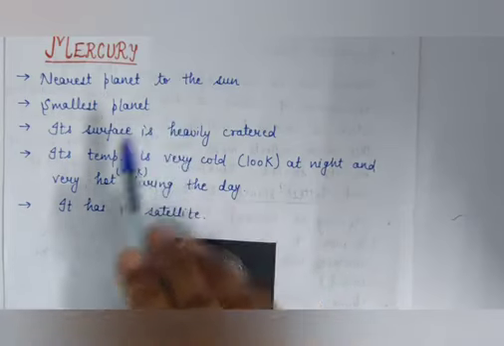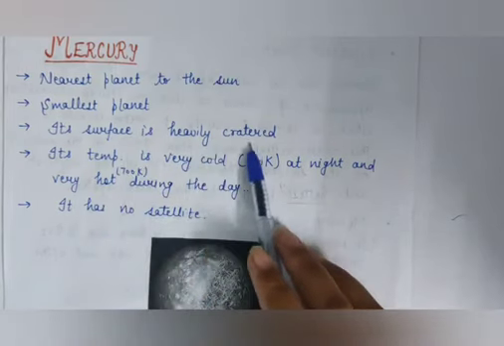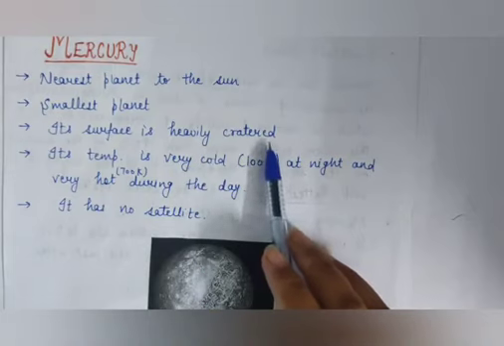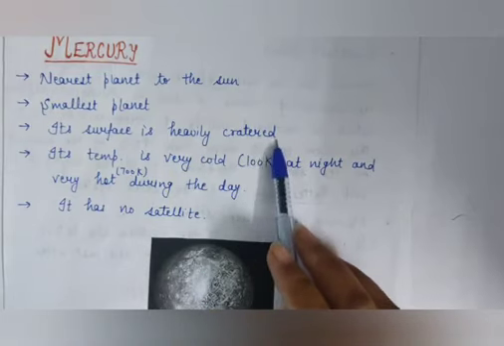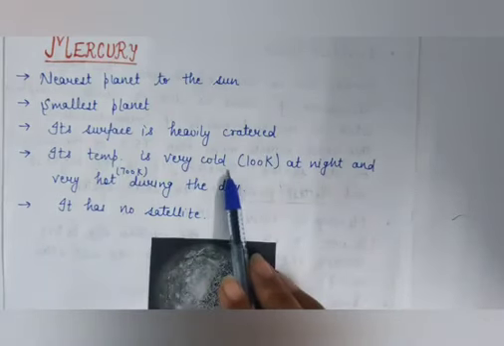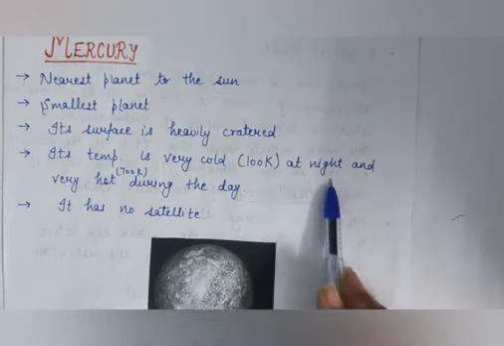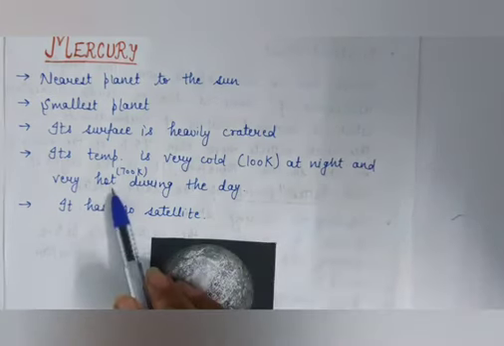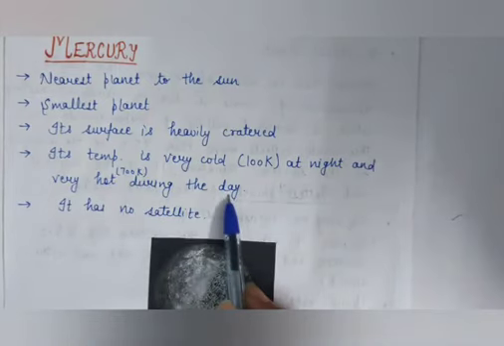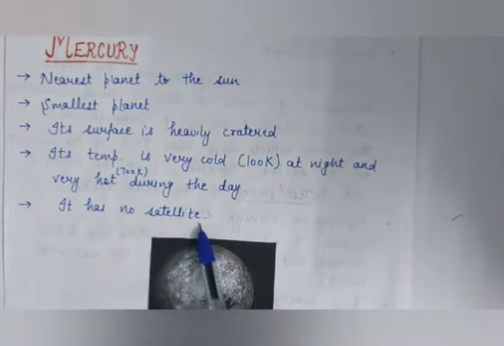Its surface is heavily cratered and similar in appearance to the Earth's moon. Its temperature is very cold, about 100 Kelvin at night, and very hot, about 700 Kelvin during the day. And Mercury has no satellite.